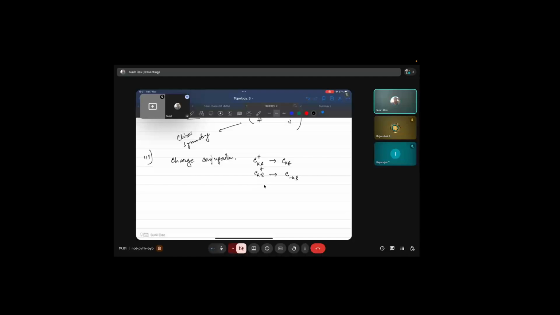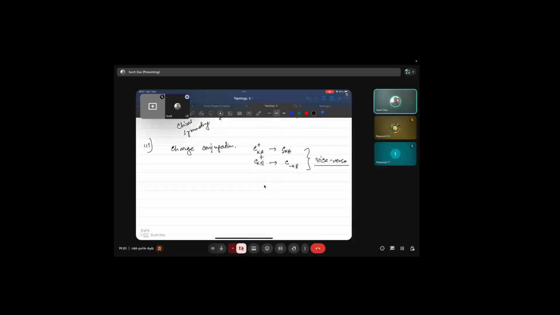Sorry, this will be minus k. Or the vice versa of it. So you can make C_k dagger go to minus of C_minus k, and then vice versa.